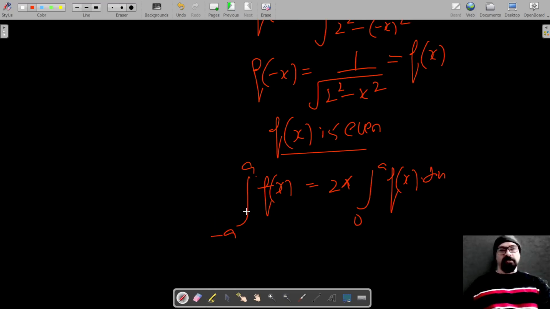So if the definite integral -a to a of f of x is even, which indeed this is, this can be written as 2 into 0 to a f of x dx.